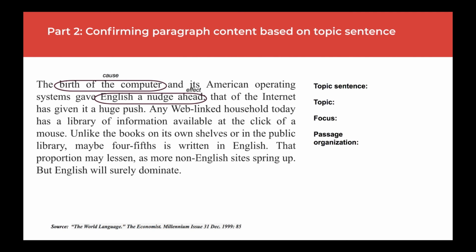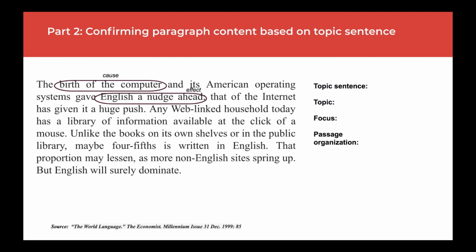"Any web-linked household today has a library of information which is in English, right? 4/5 is written in English." So this is the reason why access to the computer and the operating system, which was originally in English, gave the language such a dominating power. Okay, so this is how you do it.